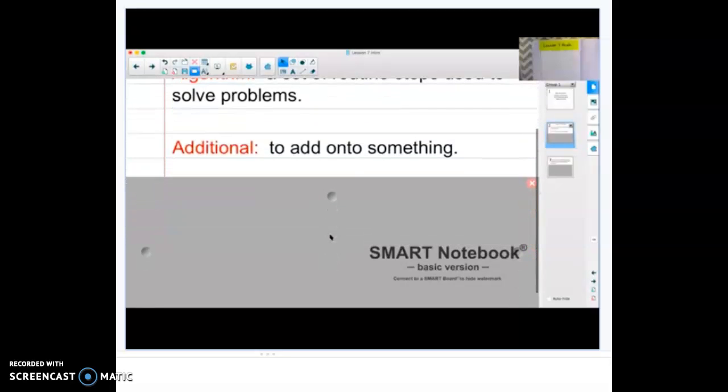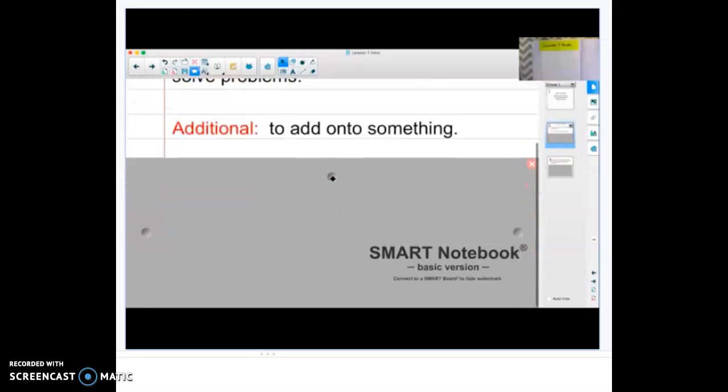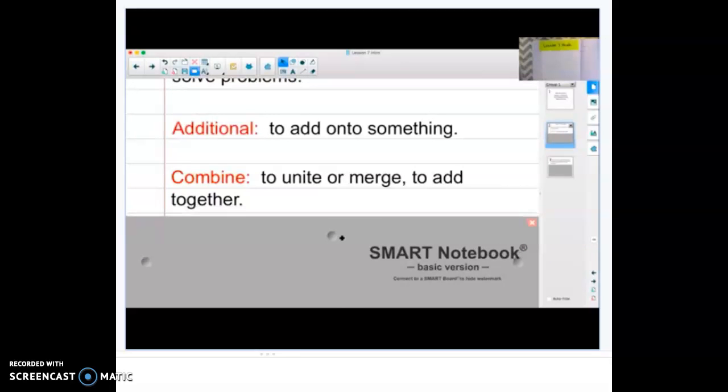Our third term is combine. When we say to combine, we're either uniting some things together, we're merging some things together, or in general, we're just adding some things together. So when it's asking us to combine something, that means that we're adding them together.